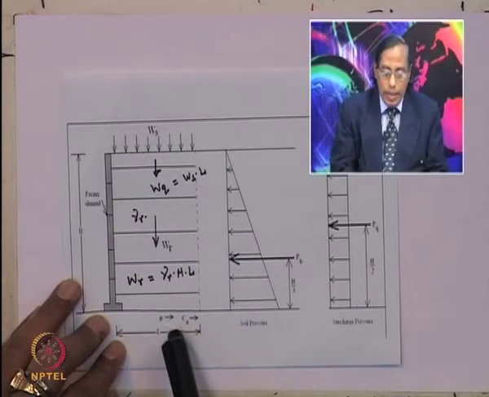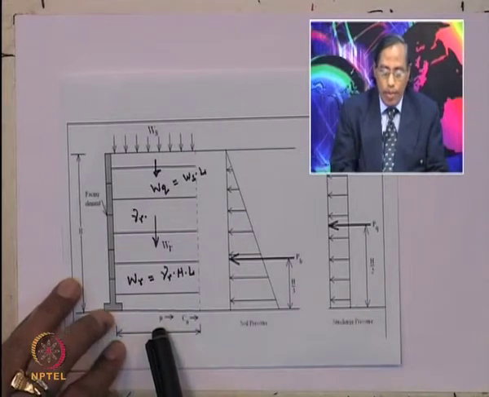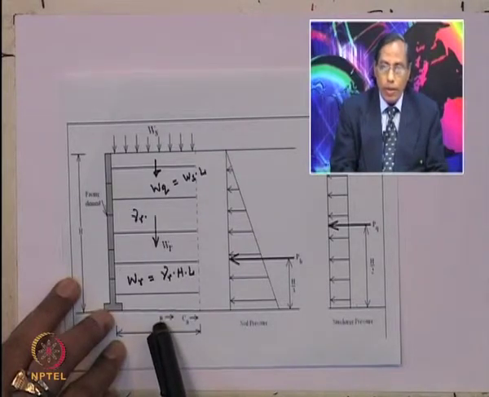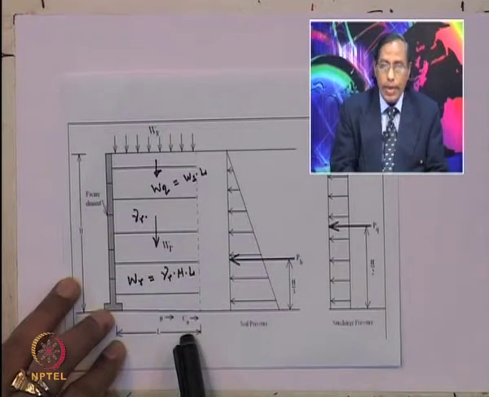That delta is called the angle of shearing resistance between soil and the reinforcement. If there is a possibility of any cohesive soil, then CA also you have to take into account. This CA is what we call the adhesion between soil and the reinforcement.